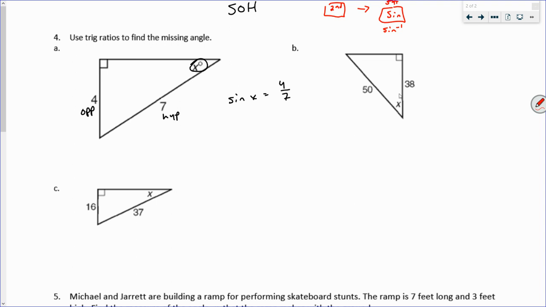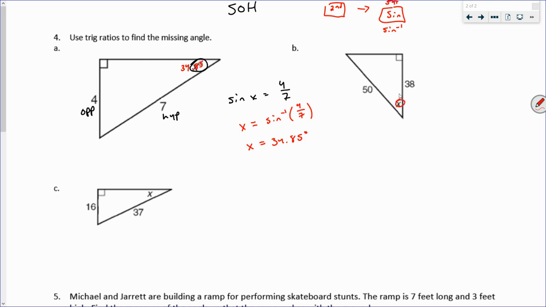So we're going to take sine to the -1 of 4/7, to cancel the sine. And we find out that our x measure must be 34.85 degrees or so.